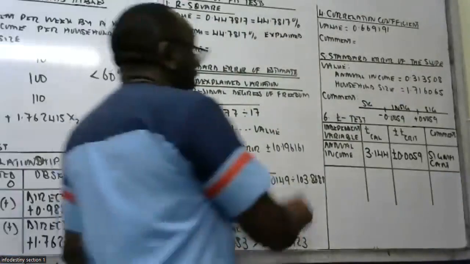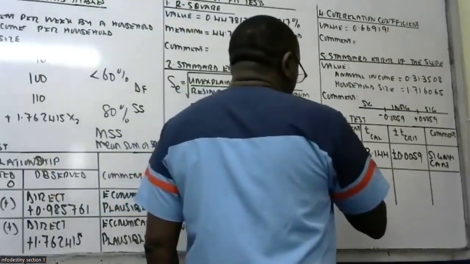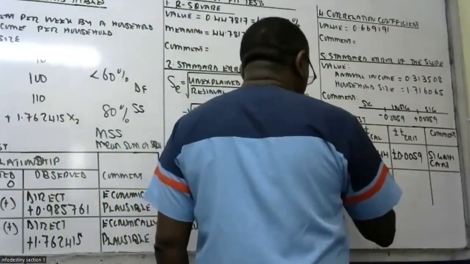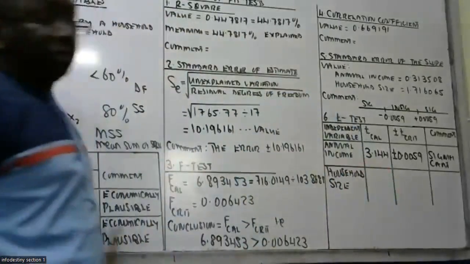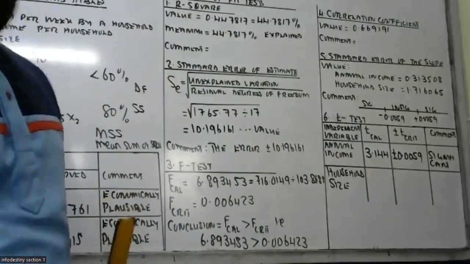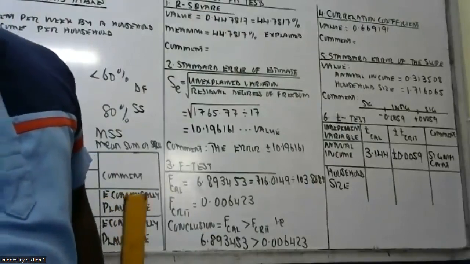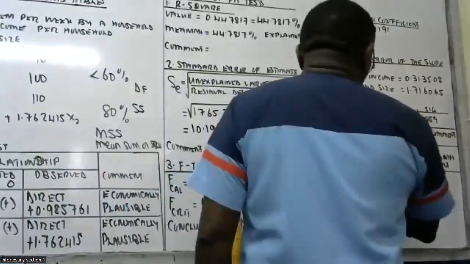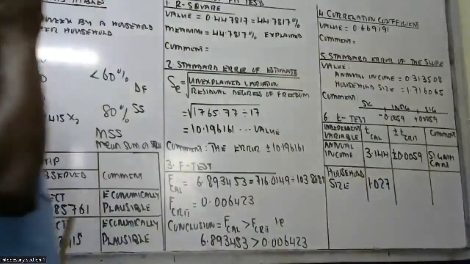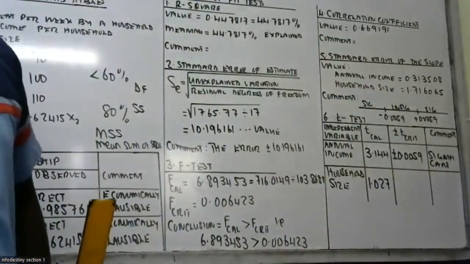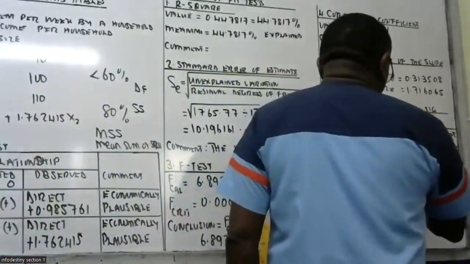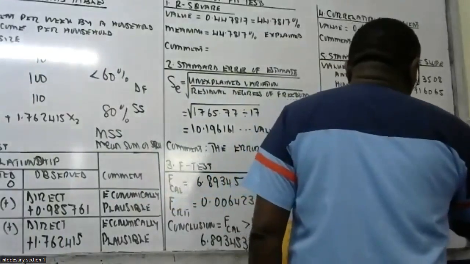We go to the next one, which is household size. So the household size, the T calculated is 1.027. And the critical is plus or minus 0.3188.